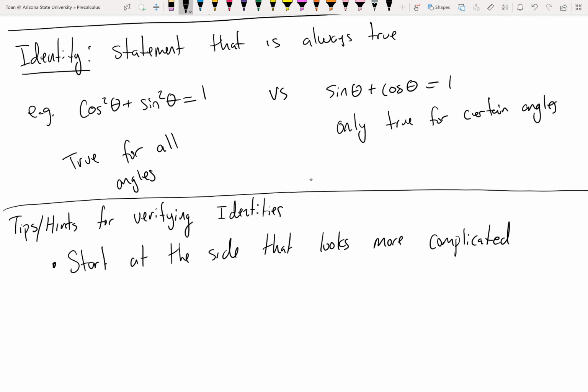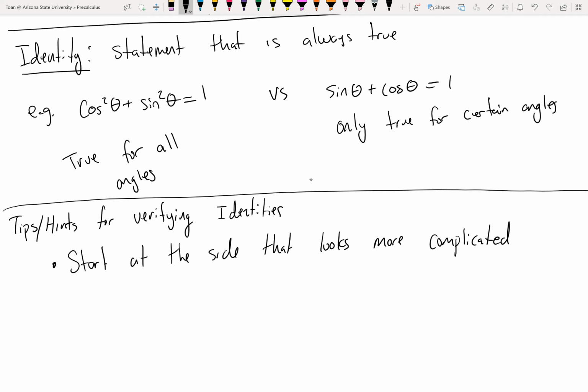That usually means it has the most pieces, the weirdest symbols. Doing trig proofs is sort of like assembling something, right? You'd rather have more tools, more pieces to play with, more Lego blocks to construct something than not.